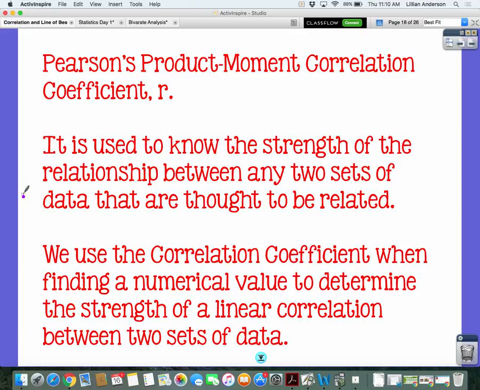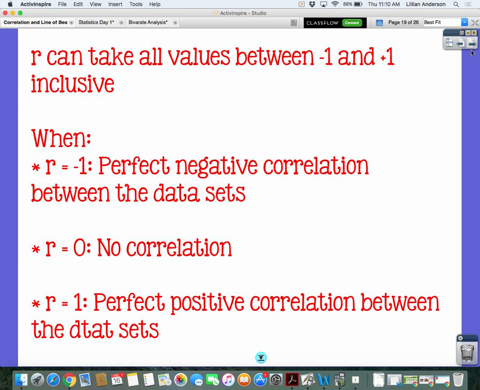Okay, so again, it's the numerical value between two sets of data that we think might actually be related, okay? So r can take on values between -1 and +1. When you find the correlation coefficient, it's going to be a number that falls in between those two. It can equal -1, it could equal +1. If r does equal -1, then that means we have a perfect negative correlation between the two sets of data.